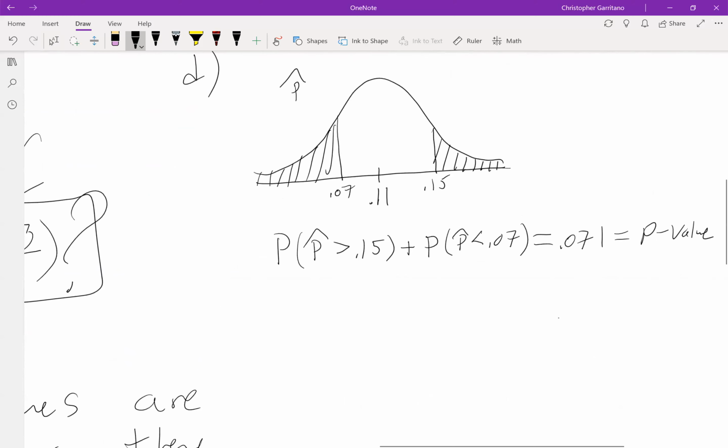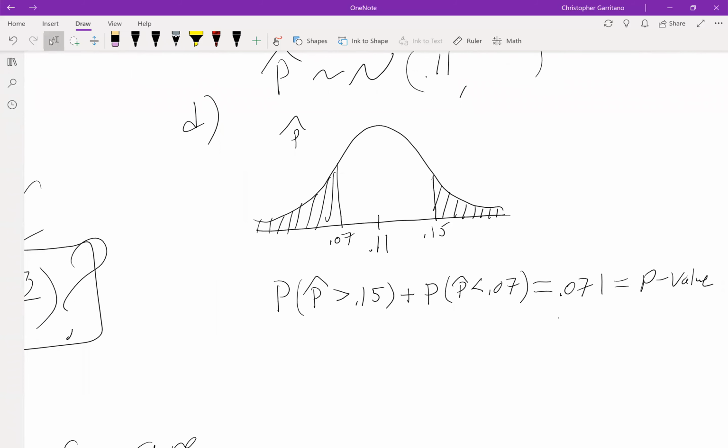So just look at exactly how we calculated this p-value, because this will help in part I. We found the proportion of values that are below 0.07. In other words, if H null is true, the proportion of p-hats that would be below 0.07 plus the proportion of p-hats that would be above 0.15.